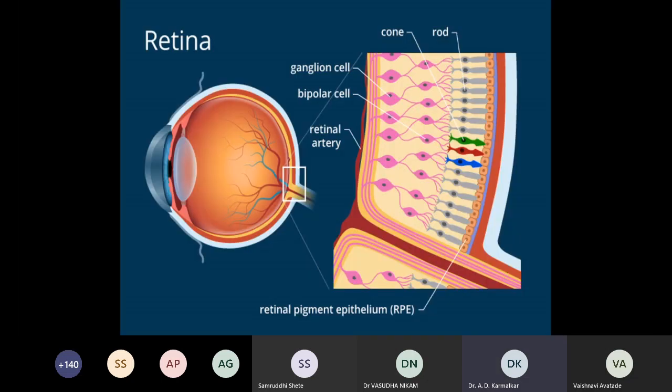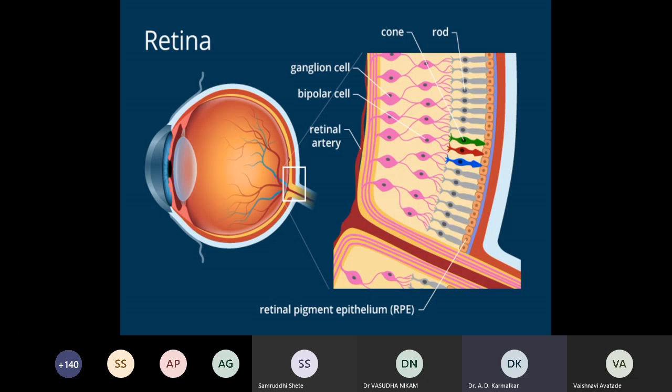So, retina in brief, I have shown a schematic diagram here. The different layers are the sclera, the choroid, and the retina, in which you can see the pigment layer. Then there is a neural layer showing the rods and cones. Below that you can see the bipolar cells, which connect the rods and cones with the ganglion cells.